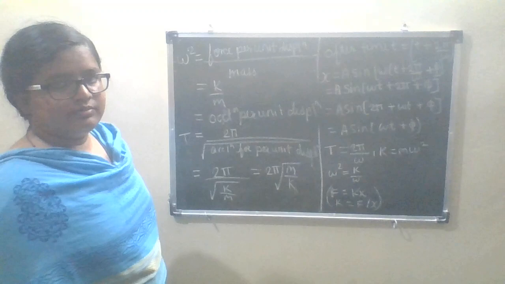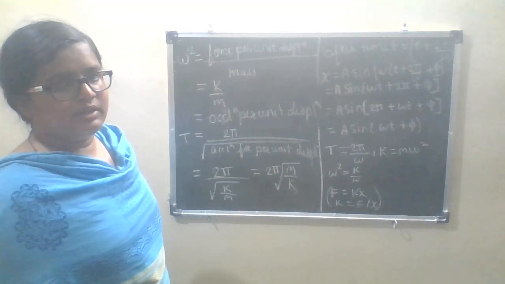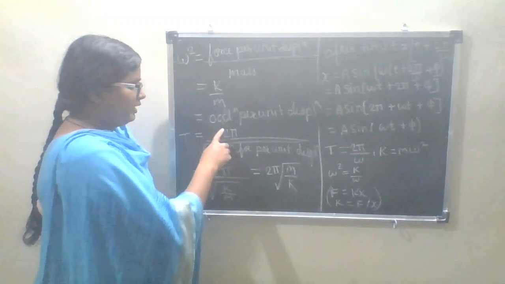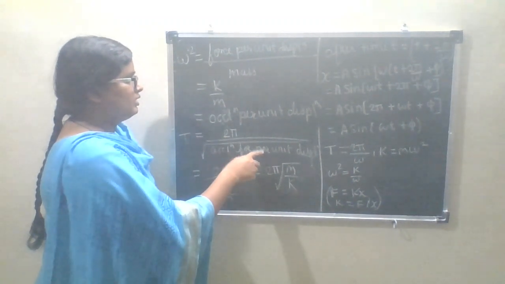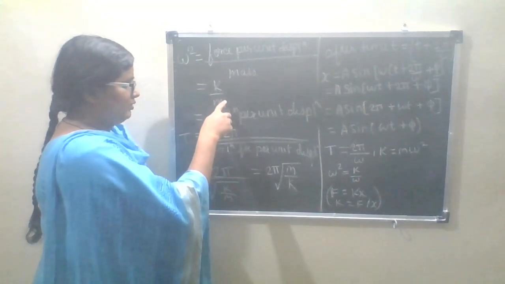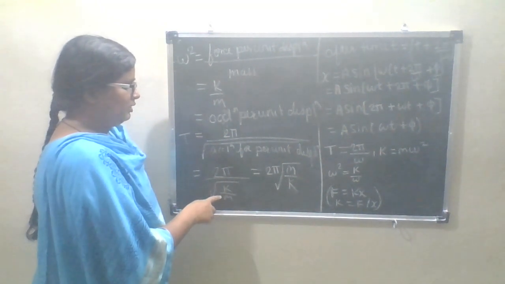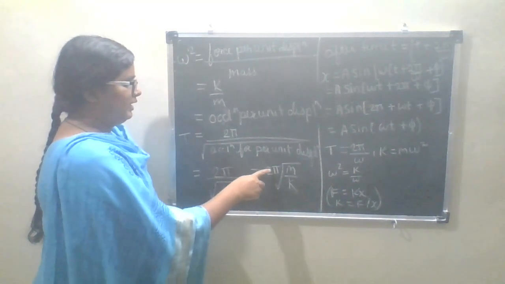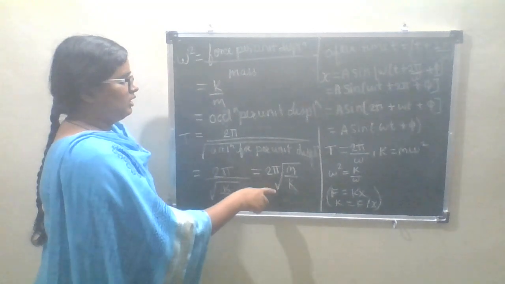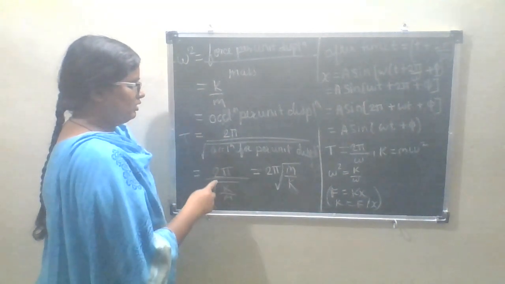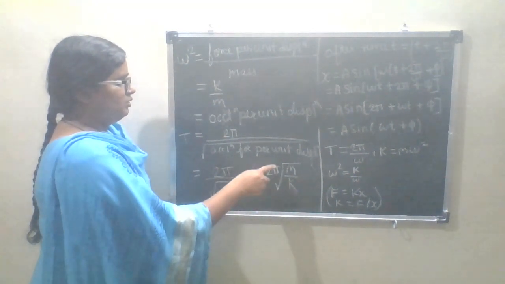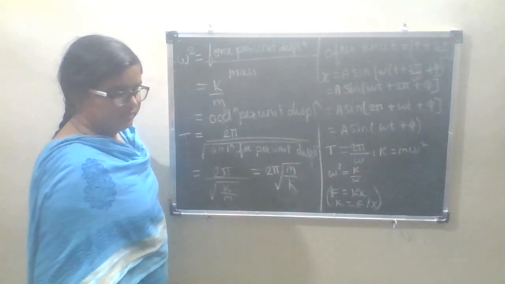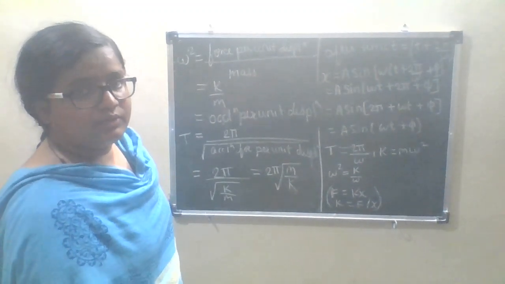Here it was 2 pi upon acceleration per unit displacement, which was k upon m. We substitute k upon m, then it becomes 2 pi under root m upon k. So T is equal to 2 pi under root m upon k. Now we will see what is frequency.